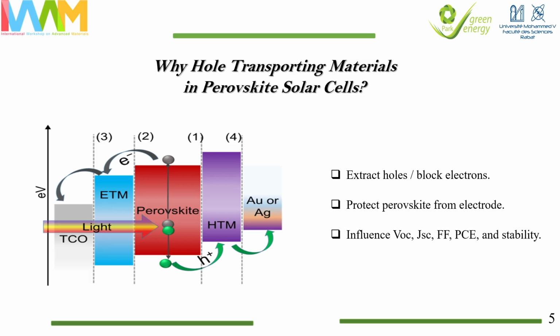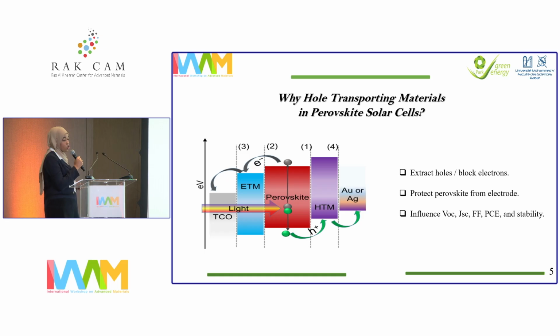Because of the energy level alignment, the HTM extracts the holes and blocks the electrons at the perovskite HTM interface, and it also protects the perovskite from the electrode, which influences the JV curve of a device and also its long-term stability.